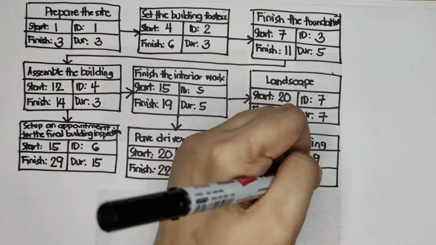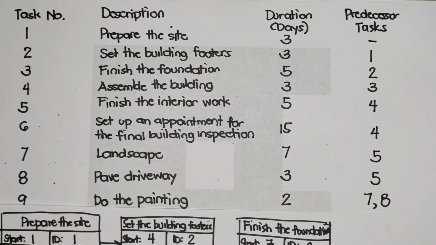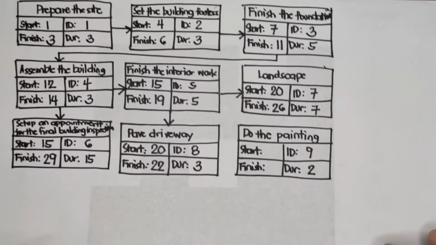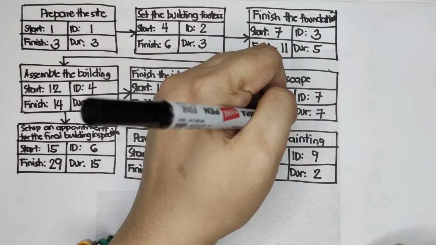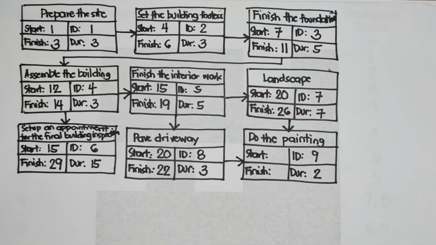Before we decide the start day, you could see that it has 2 predecessor tasks, 7 and 8, coming from 7 and coming from 8. How are we going to decide which of them is the start day?